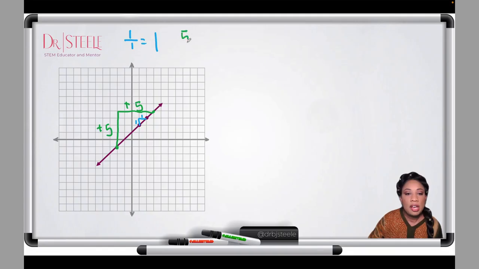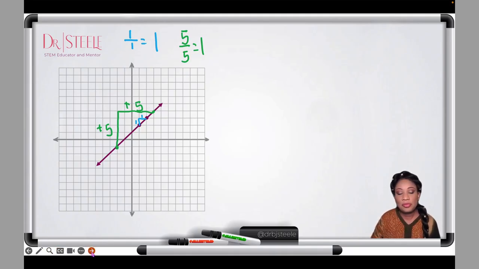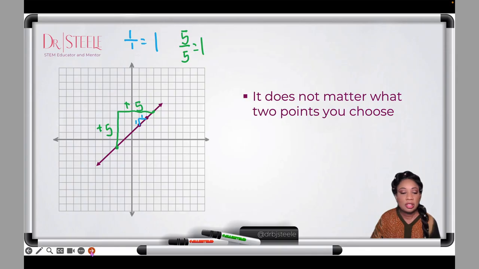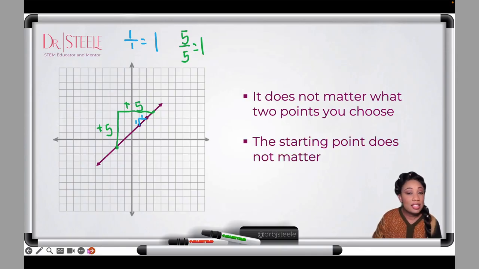So we have 5 over 5, which, oh my gosh, is 1! Who knew? I did. Now you know. So it doesn't matter what point you choose. And again, the starting point doesn't matter. I started down here or I started here.